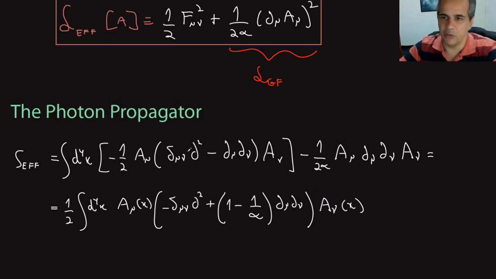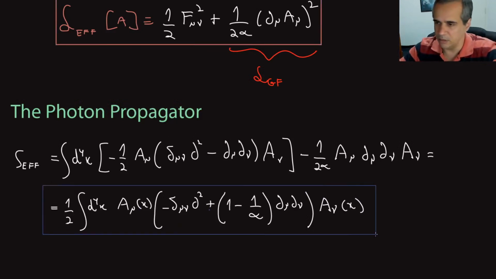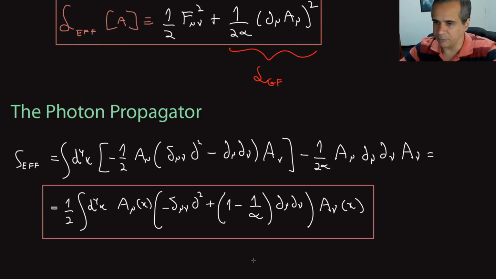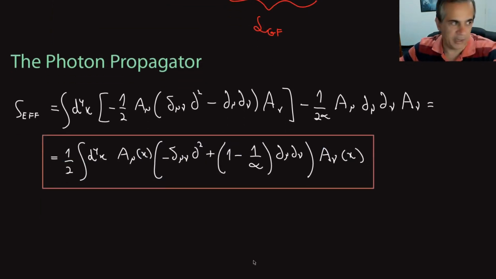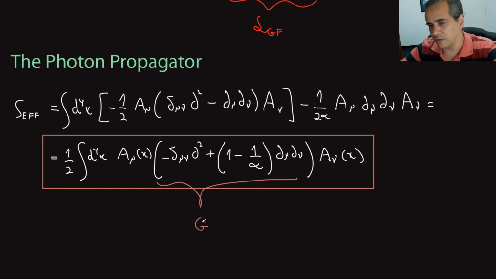And the point of this whole thing is that now this operator that is appearing here is now invertible. I can find the inverse for this guy, and that inverse is what I call the photon propagator G.